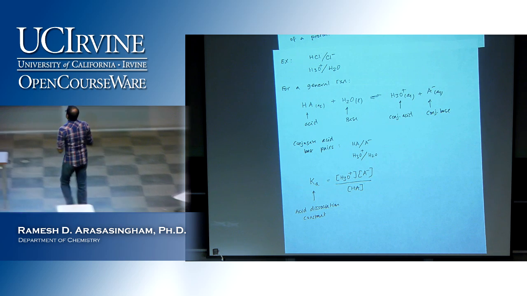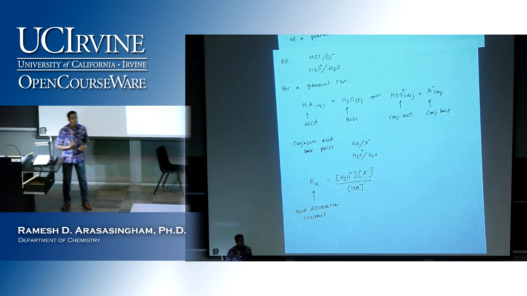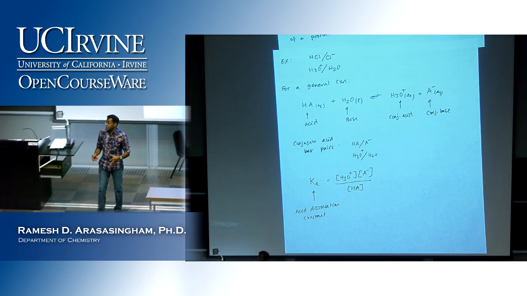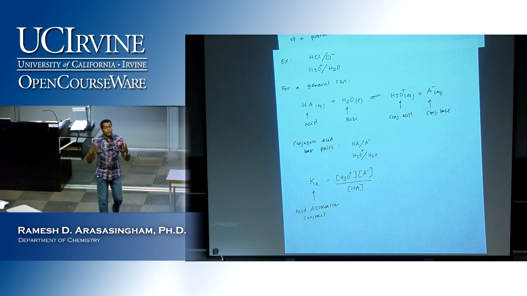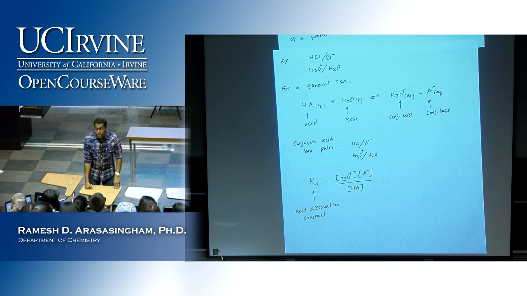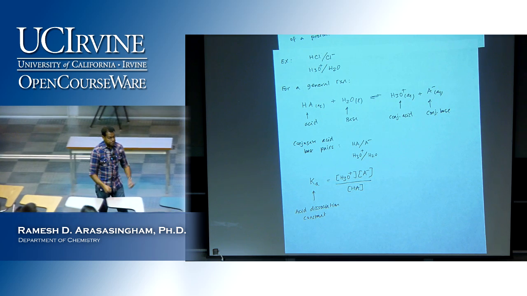So the concentration of water is already incorporated into this equilibrium constant. This describes the law of mass action, or the expression for the chemical equilibrium we're looking at. Does that make sense to everybody? Water is in such large amounts that its concentration does not change.